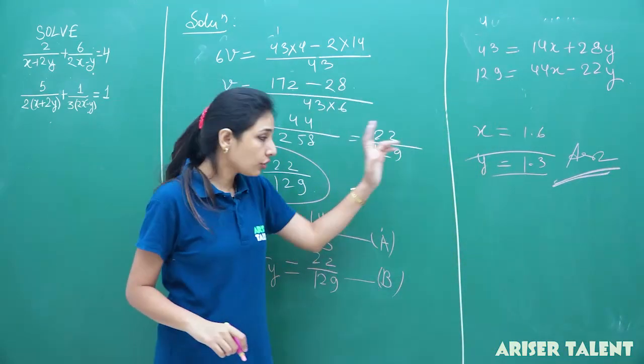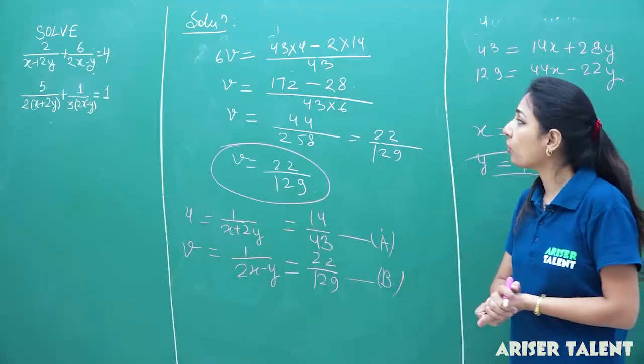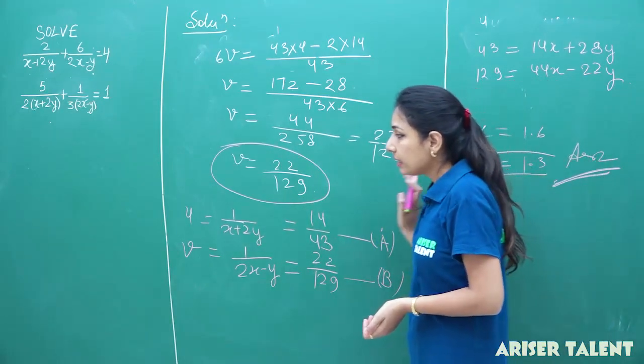So, calculate these, students, this is the answer. You have to do it on your own because we have discussed this kind of equation before also. Note it, this is the pattern.